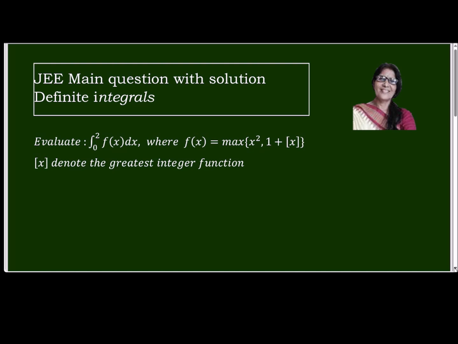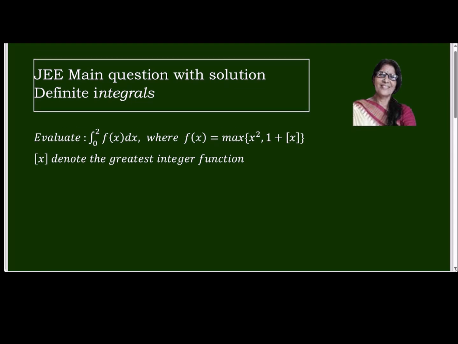The lower limit is 0 and the upper limit is 2, where f of x equals the maximum of x square and 1 plus the greatest integer function of x. It is given that the box around x denotes the greatest integer function.